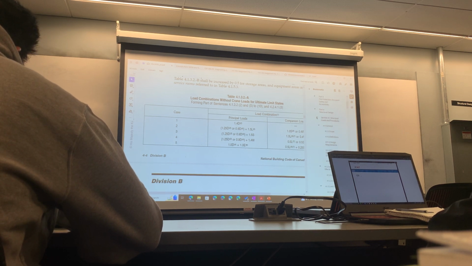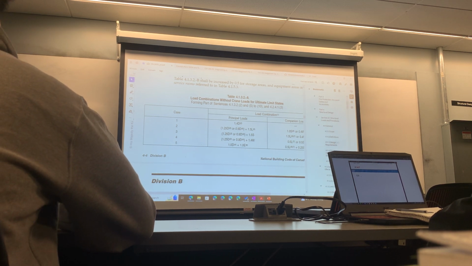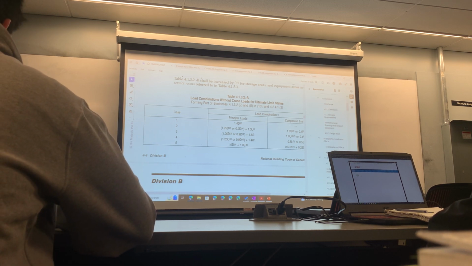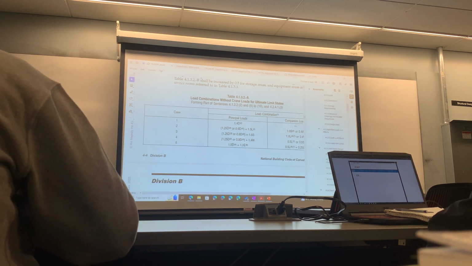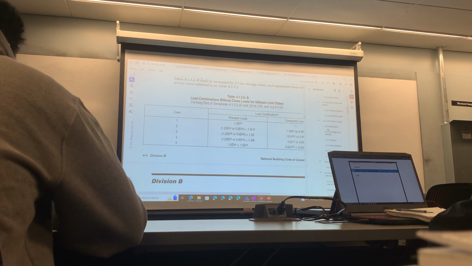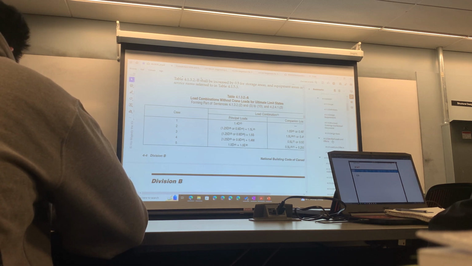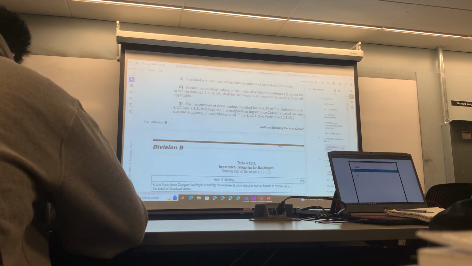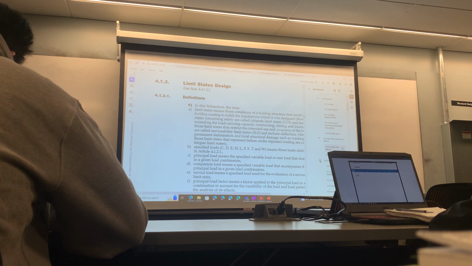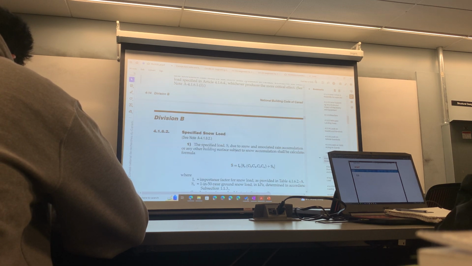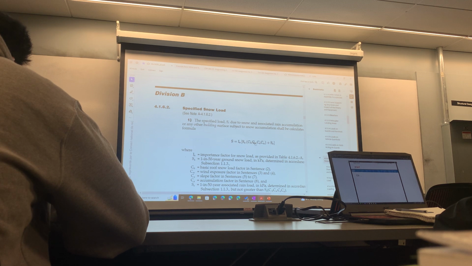Okay, so I'm in NBCC here. Specified loads, loads due to snow and rain, so that's S. Alright, which is SS, SR with your accumulation factors, exposure factors, base factor, all that good stuff.